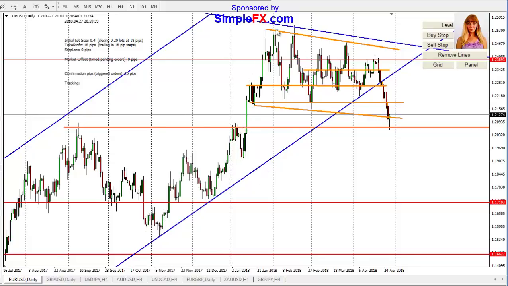This looks like a final creation of the head. Because we broke this level of the uptrend, and we did reach the top of the previous shoulder. And of course, because it was quite a big move down, the market just jumped out from this level, so it jumped up a little bit.